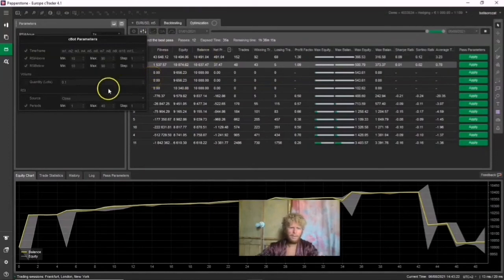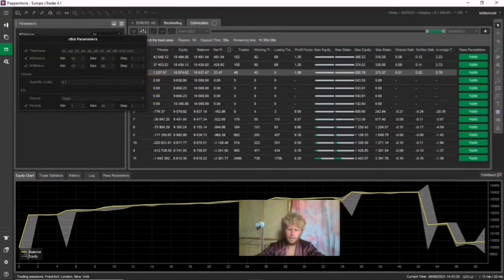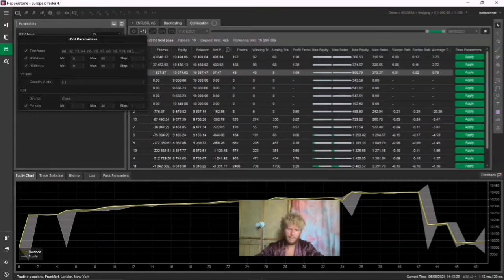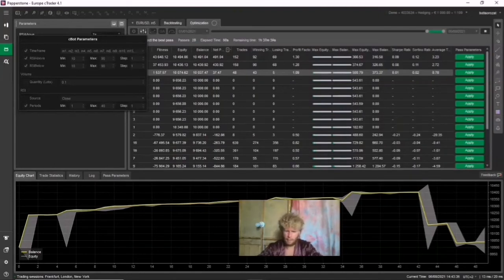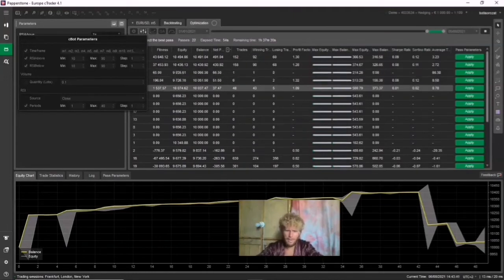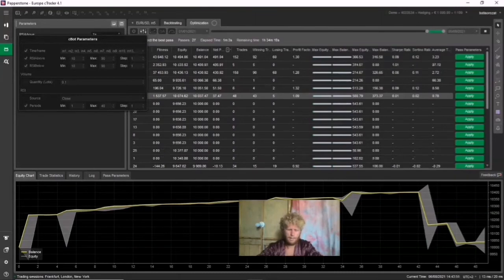What I did is I left the biological algorithm to use all the time frames and find parameter sets on all the time frames. I eliminated stop loss and take profit, as I said before. I don't recommend this practice, but I did it because I want to show you some stuff. I only let the dynamic take profit and dynamic stop loss, basically dynamic exits.